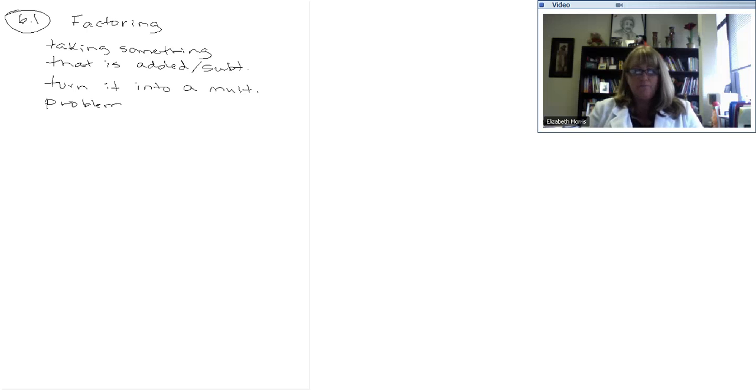Okay? Factoring is changing from adding and subtracting to multiplying. Okay? All right. Let's try to do some of that now. All right.